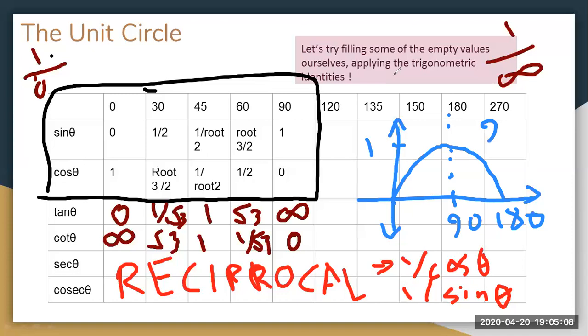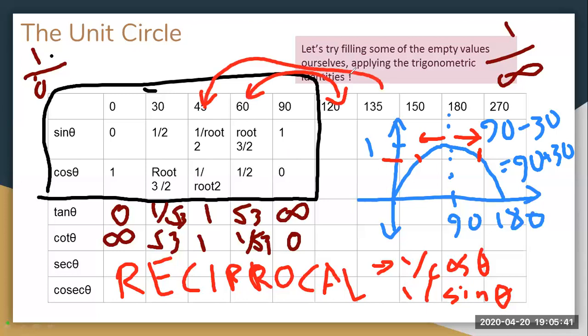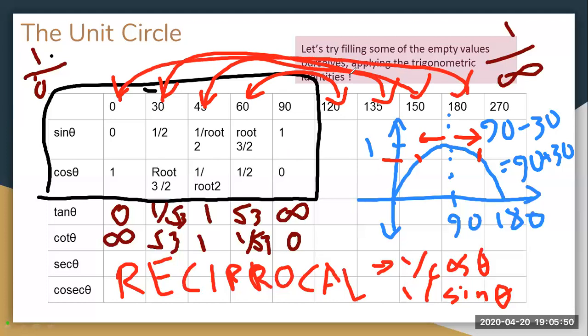So 90 minus 30 equals 90 plus 30, because however much you go from here and however much you go from here, you'll end up at the same y value. So sine 60 degrees equals sine 120 degrees, sine 45 degrees equals sine 135, 30 equals 150, and 0 equals 180. So over here it returns to 0.